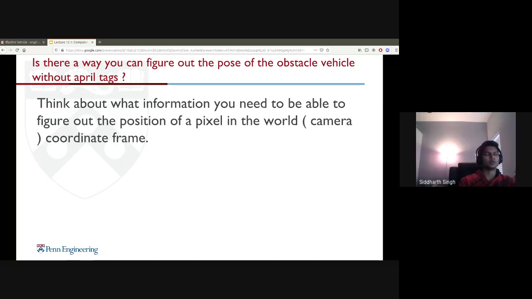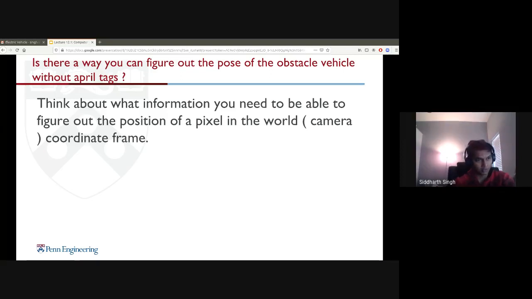Yeah, that's one way that you could think about getting the information that you need. But can you repeat the question? It's on the screen. What information do you need to be able to figure out the position of a pixel in the world?